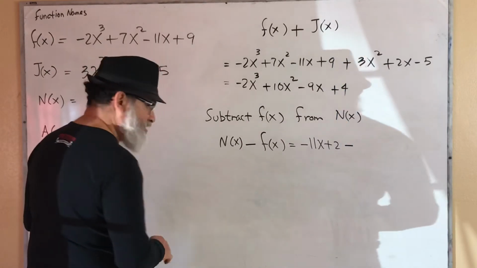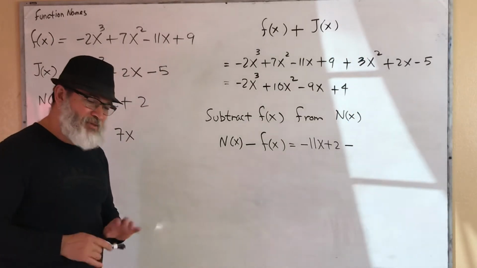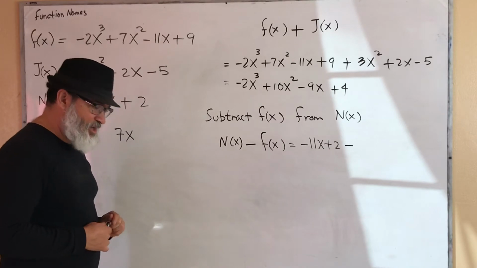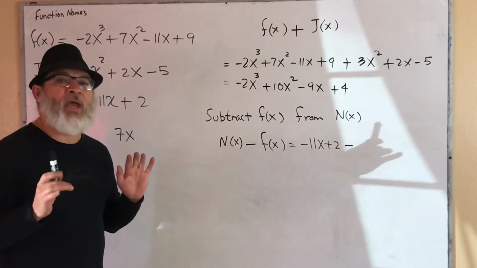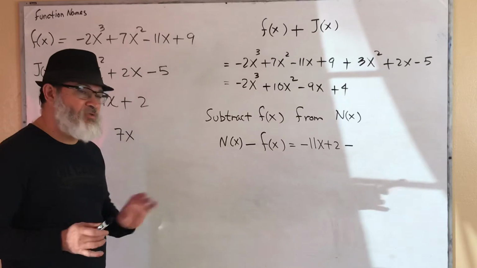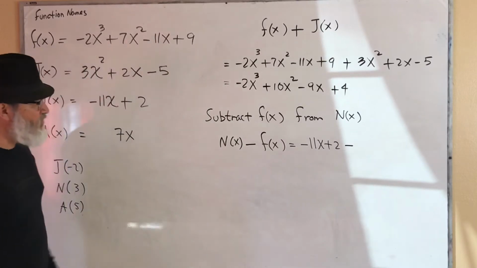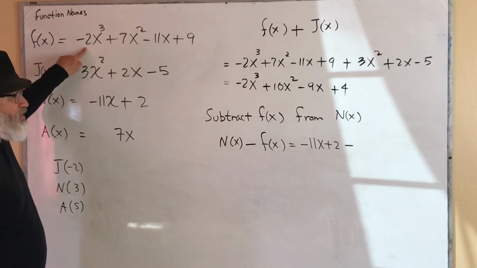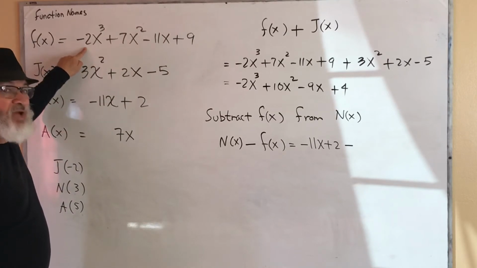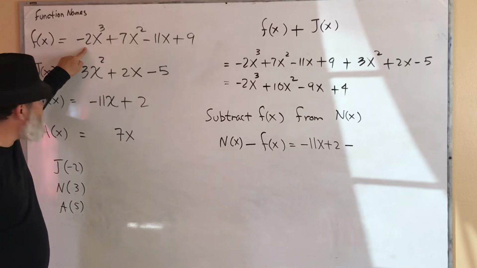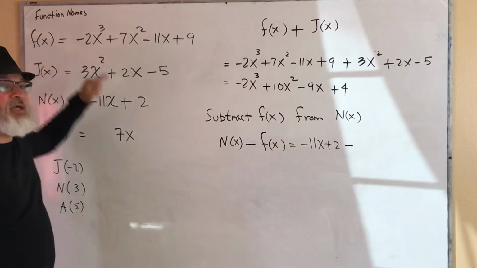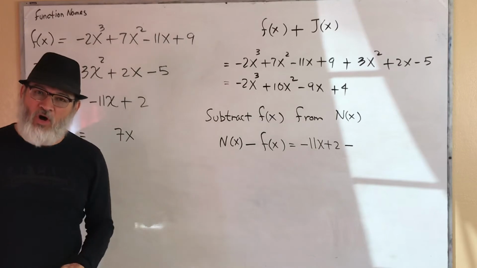Watch what happens if we do it the wrong way, without using parentheses. Where's Frank? Oh, there's Frank. If you do not use parentheses, guys, it's going to be wrong.